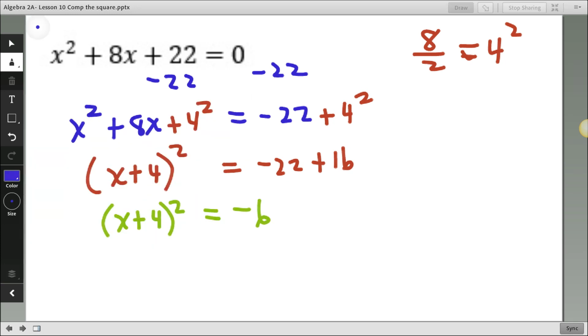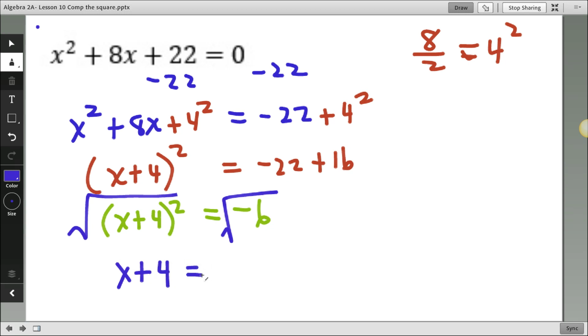We're going to take the square root of each side. That's giving me x plus 4 equals plus or minus i times the square root of 6. Please make sure you understand that if you have a negative in there, it does simplify.